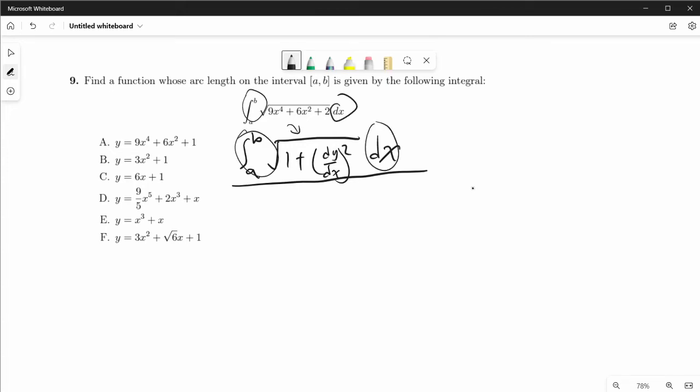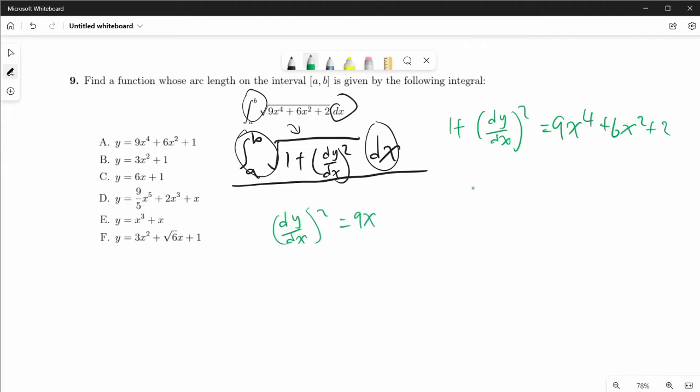We just take all that out, so we can say 1 plus dy/dx squared equal to 9x to the 4th plus 6x squared plus 2, right? And then we have dy/dx squared equal to 9x to the 4th plus 6x squared plus 1.